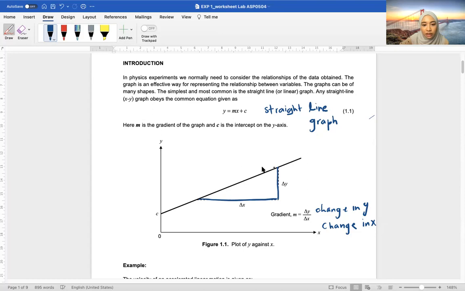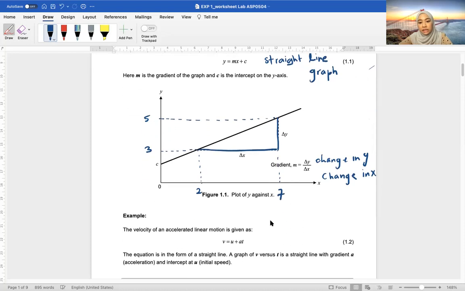So how do we calculate that? So for example, this is 5, this is 3, and the X value over here is 2, and the X value over here is 7.